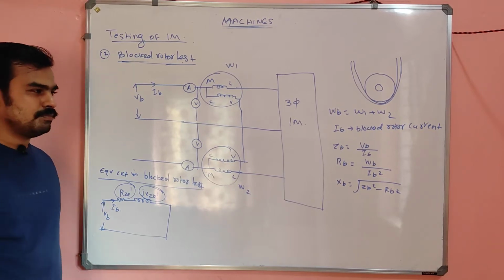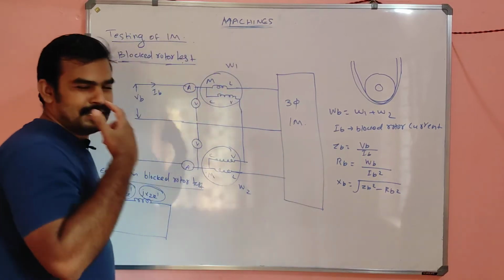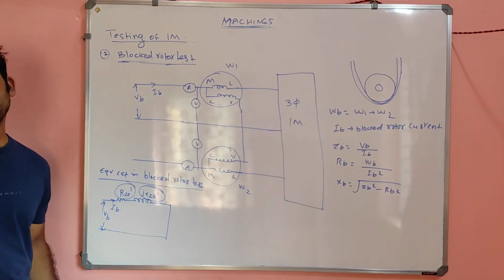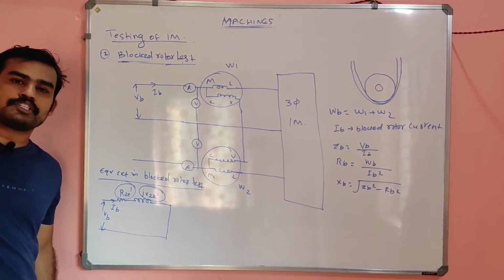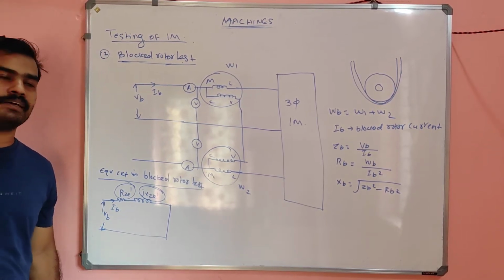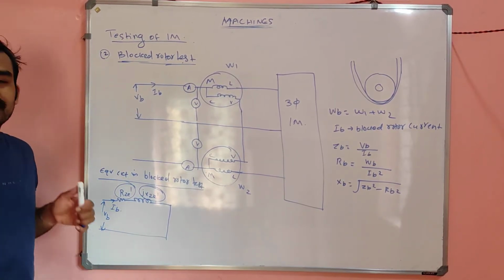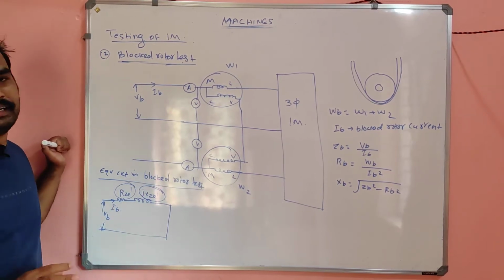So the function of that you have to see here. The problems regarding this will not be asked. But in the case of the transformer, it was very important, because the no load and blocked rotor tests are very important. But you have to just know what the test is and what parameters we are going to find.